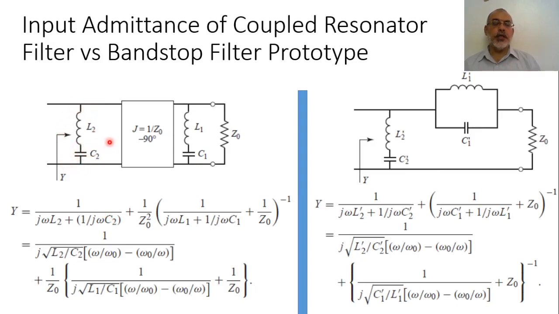Then the admittance seen from the inverter equals J squared, which is 1 over Z naught squared, over the input admittance of the filter. The input admittance of the filter is the admittance of the first stub, 1 over j omega L1 plus 1 over j omega C1, plus 1 over Z naught.